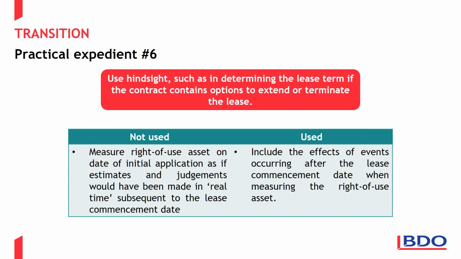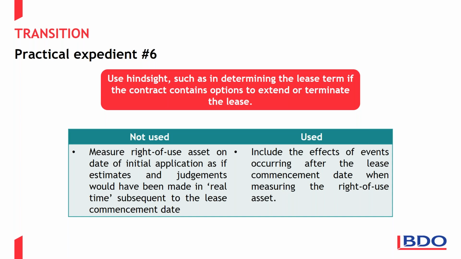And then practical expedient number 6 is around the use of hindsight. So this is use hindsight, such as in determining the lease term if the contract contains options to extend or terminate the lease. So, if we've reassessed in the olden days the lease term constantly, on the date of initial application, we would say, listen, let's use hindsight. And on 1 July, what is our latest assessment?